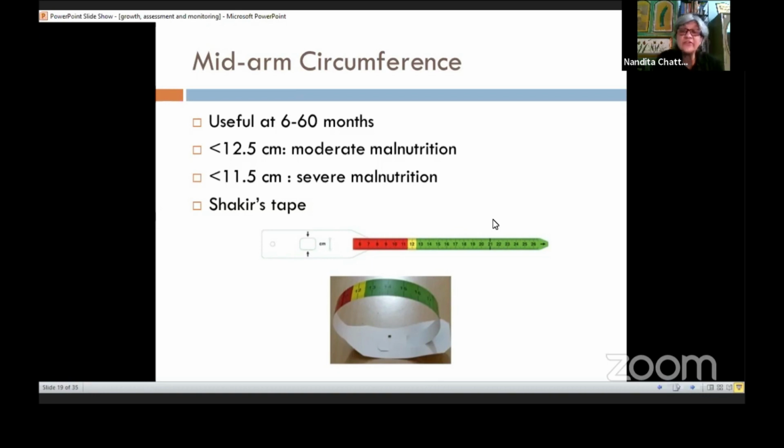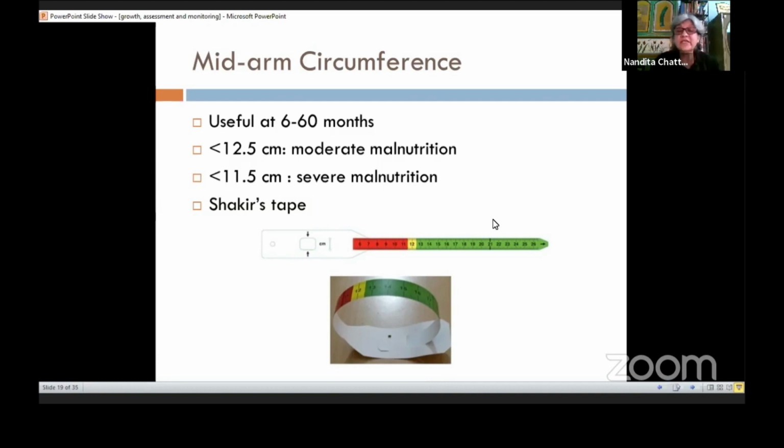If a 5-year-old or a 3-year-old child is brought to you and you are suspecting malnutrition, and you have nothing else with you, no instrument except a tape, can you diagnose malnutrition? You can, by measuring the mid-arm circumference. The cutoff points are: moderate malnutrition, less than 12.5 centimeters; severe malnutrition, less than 11.5 centimeters.